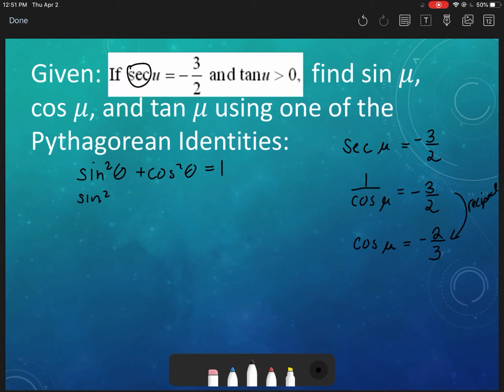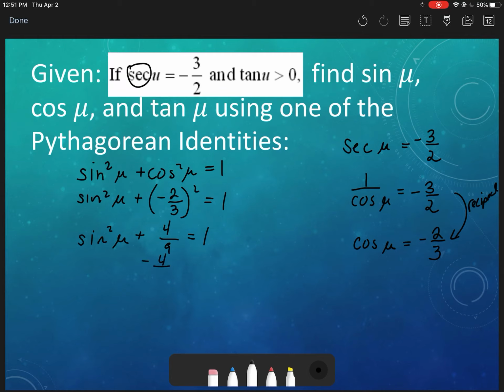Okay, so we're going to plug that in to cosine. Bring down sine squared. Instead of theta, we should change this to the little u's. Negative 2/3 squared, plus sine squared u equals 1. So sine squared u plus, we're squaring this and we get 4/9 equals 1.